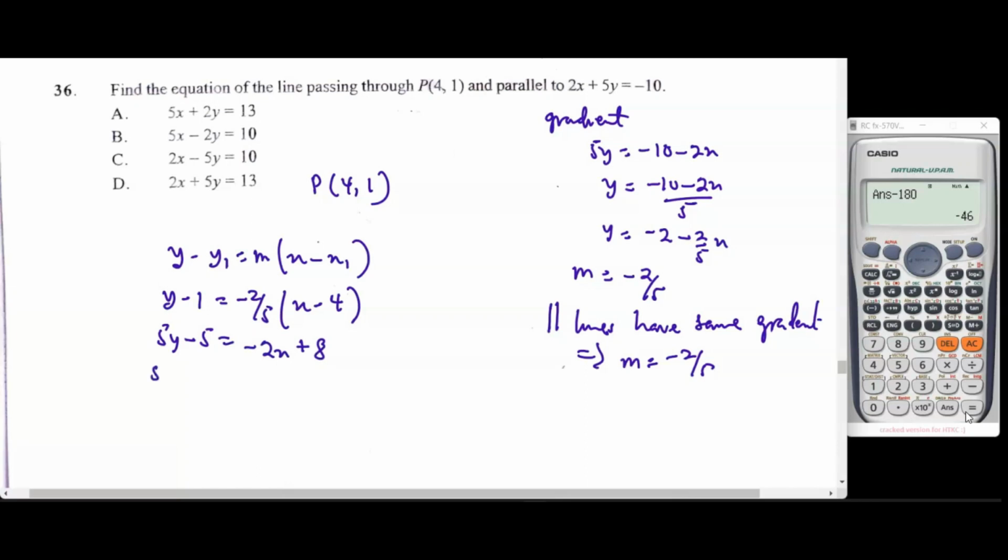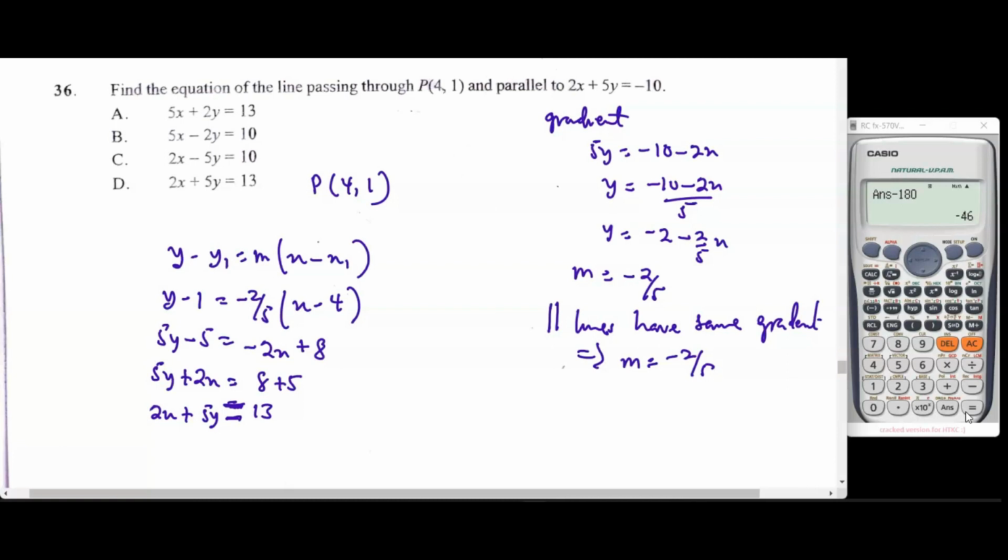Grouping terms, we have 5y plus 2x equal to 8 plus 5. 8 plus 5 is 13, and we have 2x plus 5y equal to 13.